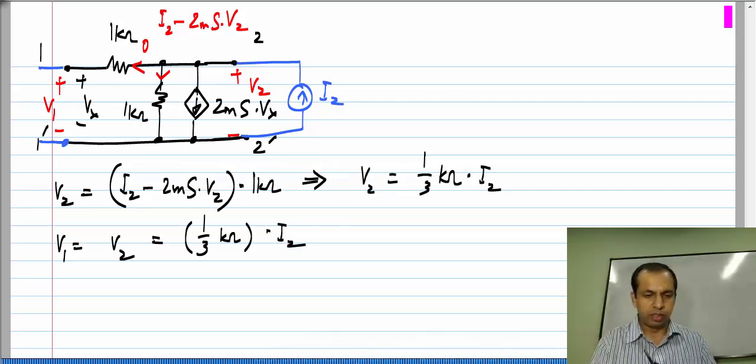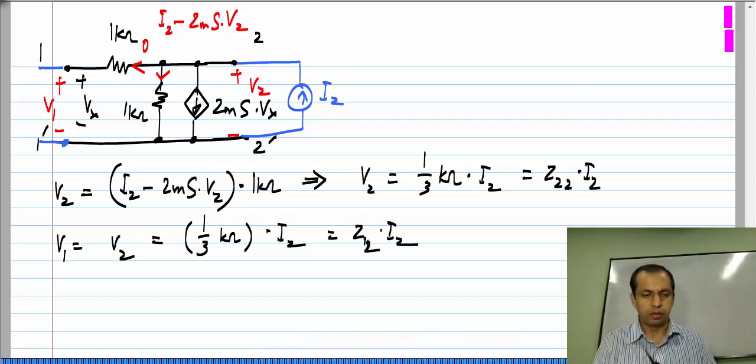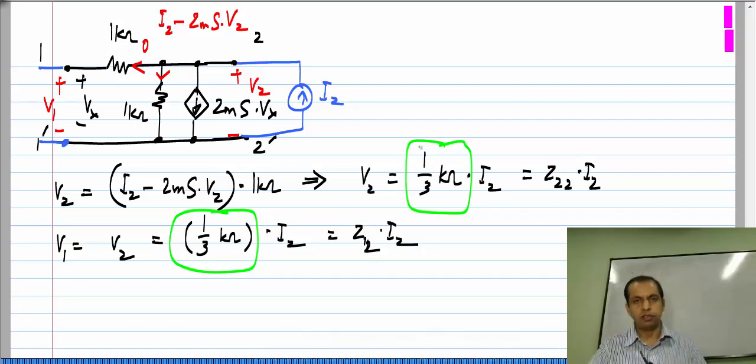and we know that with port 1 open circuited, V 2 is nothing but Z 22 I 2 and V 1 is nothing but Z 12 I 2. So, this is Z 12 and that is Z 22.